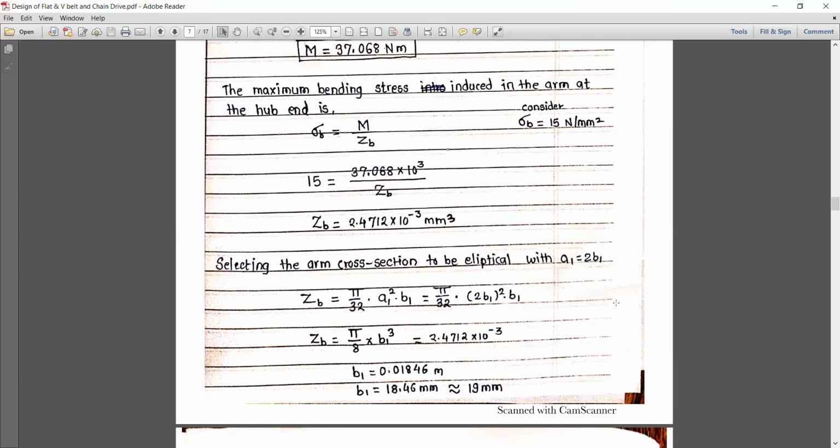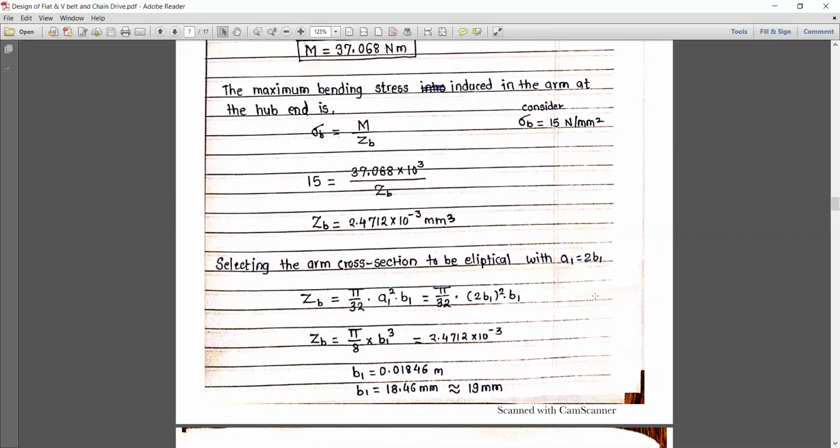The empirical relation is A1 is equal to twice B1. Using the same relation, ZB is equal to pi by 32 into A1 square into B1, as A1 is equal to twice B1.